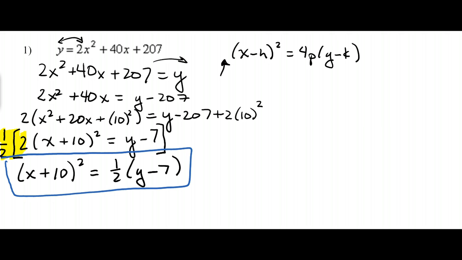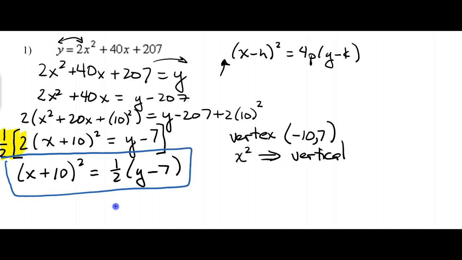and just for a little extra practice, I'm going to pull some information off of this equation so we can find the vertex. Vertex is h, k, so h is negative 10 and k is 7. Since the x is squared over here, that tells us that this is vertical.